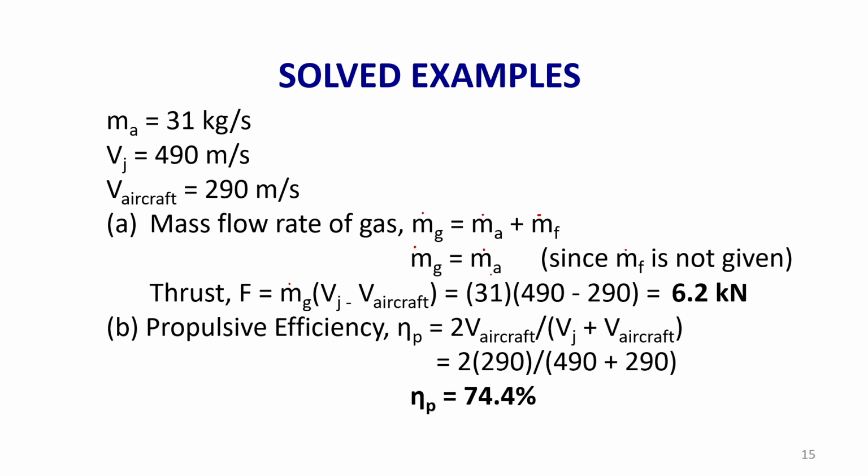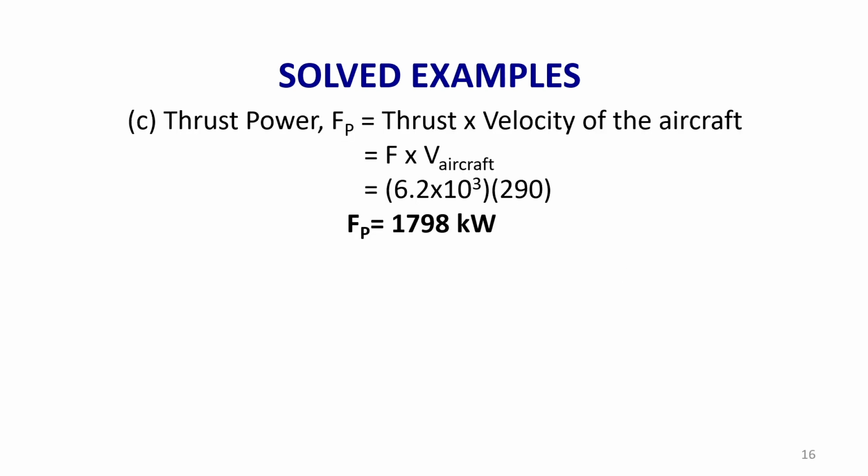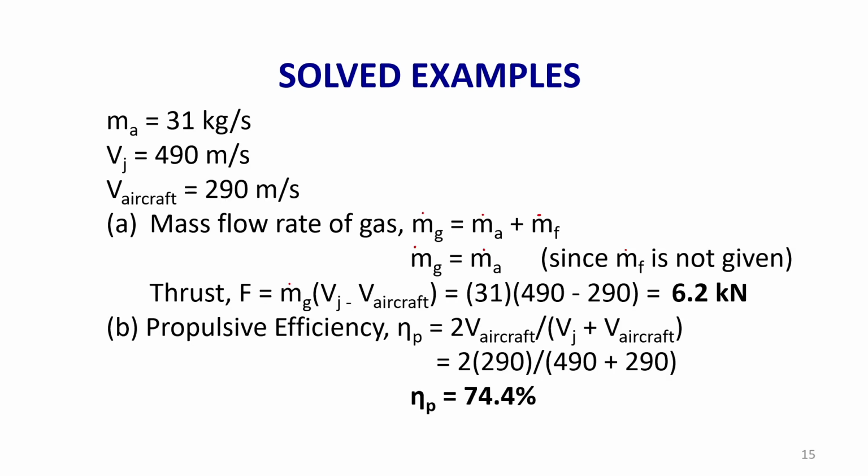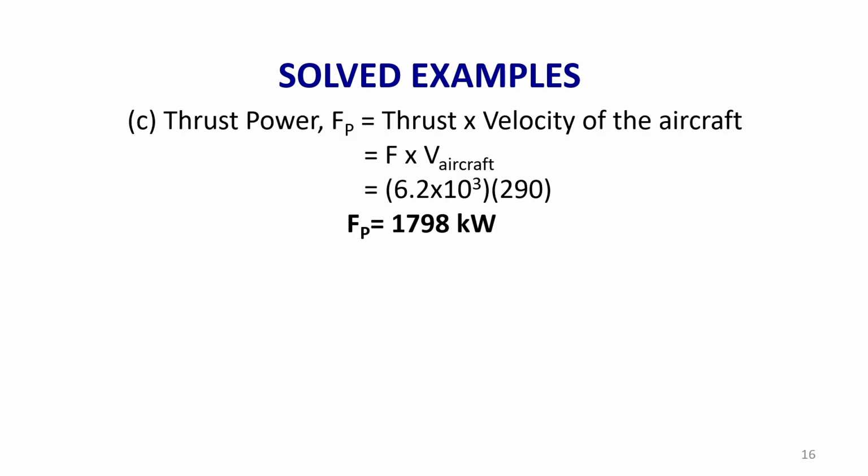So m dot g will become m dot a, which is 31 kg per second. Multiplying by the difference in velocity, you will get the thrust in kilonewton. For propulsive efficiency, substitute in the formula, all the terms are given. And thrust power is the thrust into the velocity of the aircraft. This is also given. Thrust we have calculated as 6.2 kilonewton. So you substitute this, and you will get it in kilowatts.